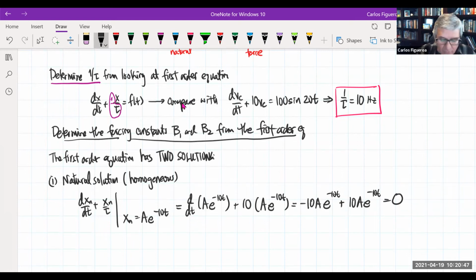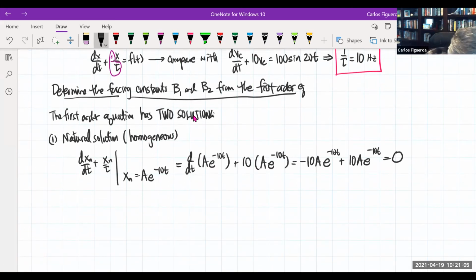So this will always give you the homogeneous solution. We do not care about the homogeneous solution. We care about the forcing constants, B1 and B2. So what we really need to do is substitute in the forcing solution to get B1 and B2.